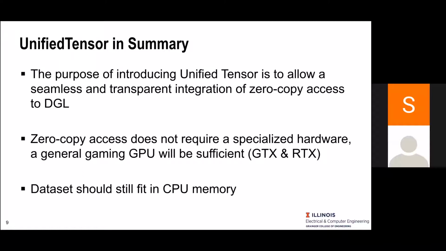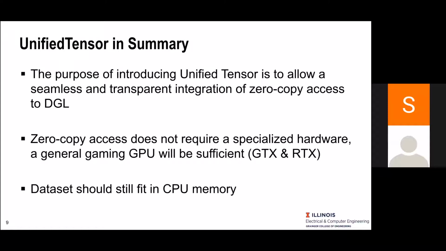And second, zero copy access does not require specialized hardware. A general gaming GPU will even be sufficient, such as a GTX or RTX class GPU from NVIDIA. Even though we use a DGX A100, which is Tesla grade, we initially worked on this with the RTX 3090, which is a regular gaming GPU.